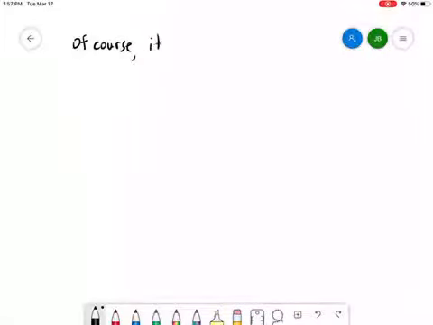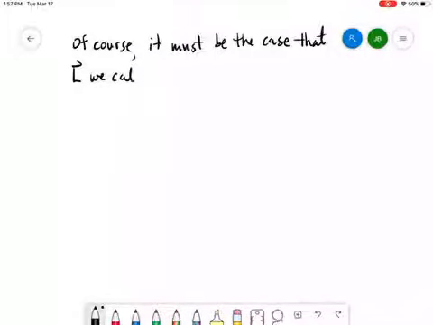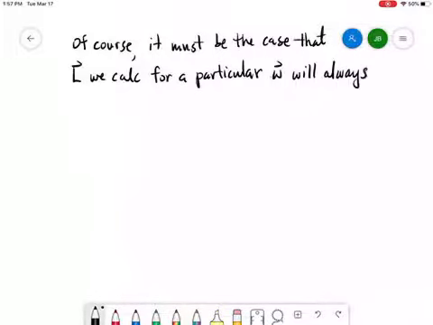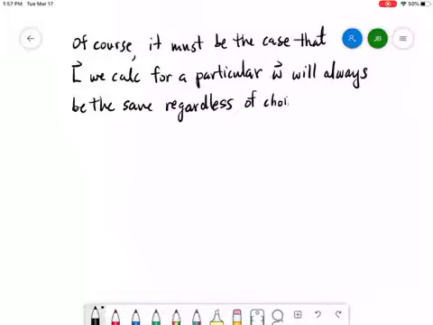Of course, it must be the case that the L we calculate for a particular omega will always be the same regardless of the choice of coordinate system.